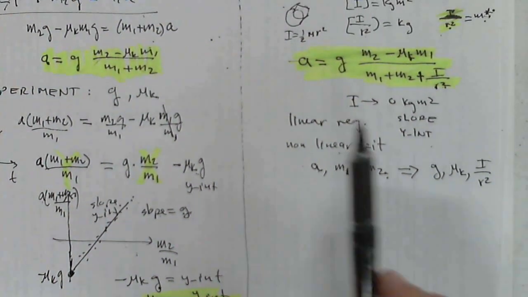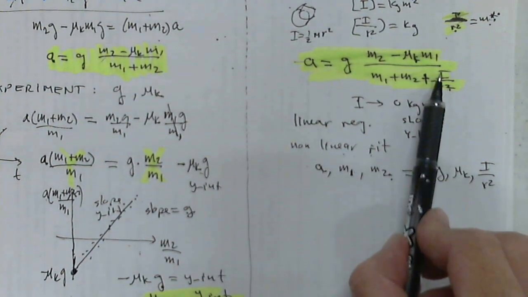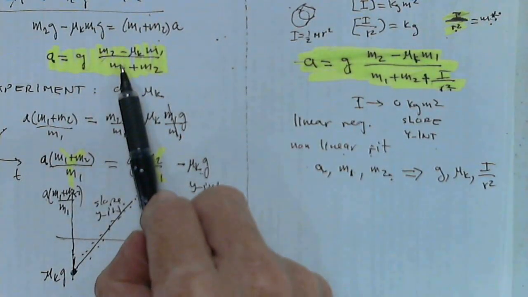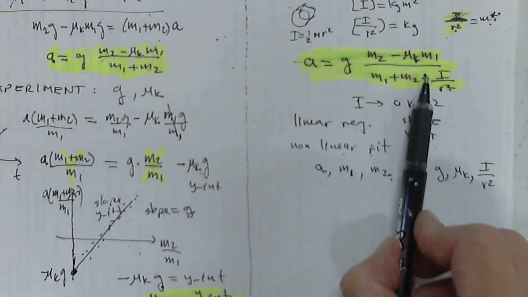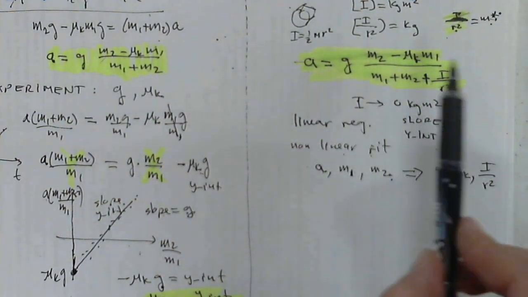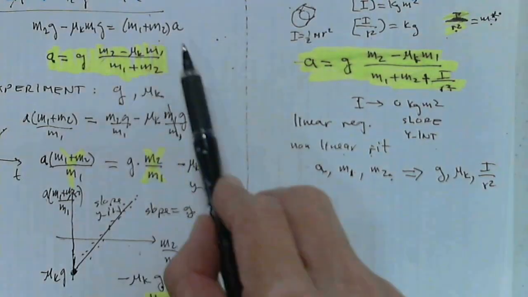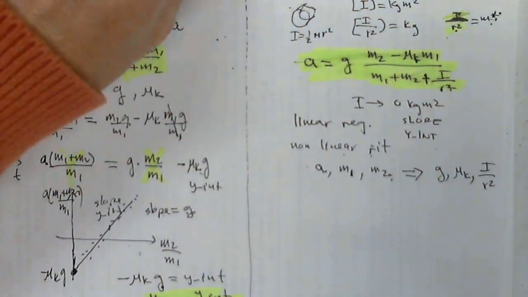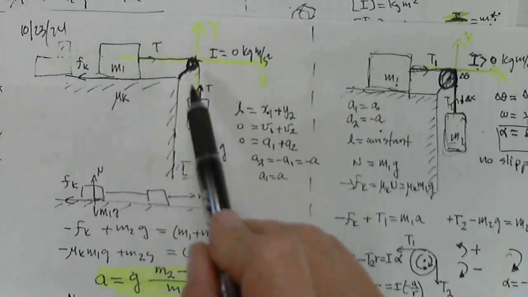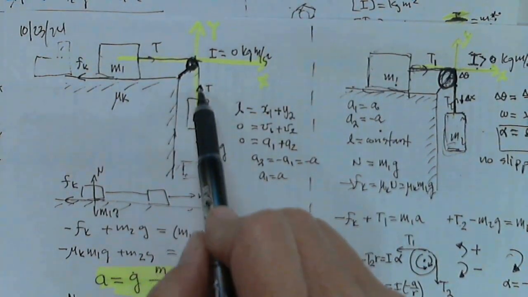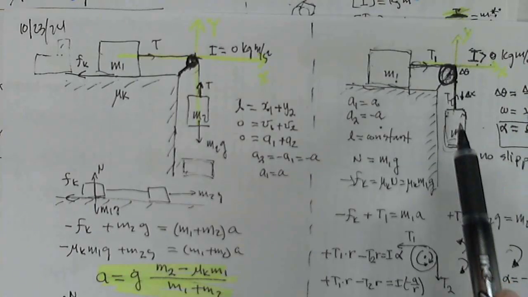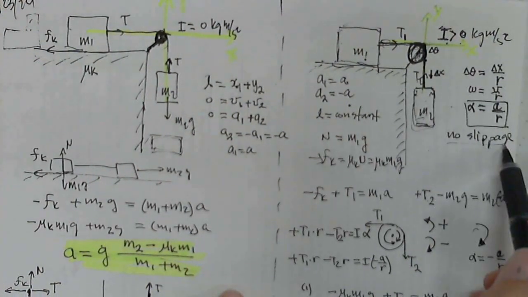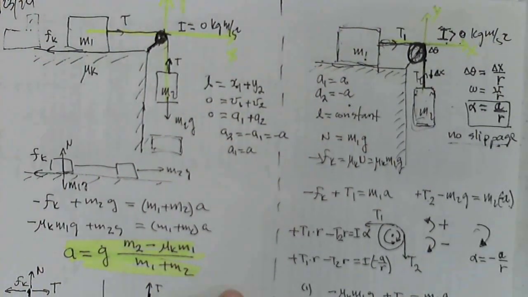Again, these are the 2 equations with moment of inertia, without moment of inertia. Here the pulley is considered, the mass of the pulley is rotating. Here the rotation of the pulley is ignored, and in both cases the length of the string does not stretch and there is no slippage.